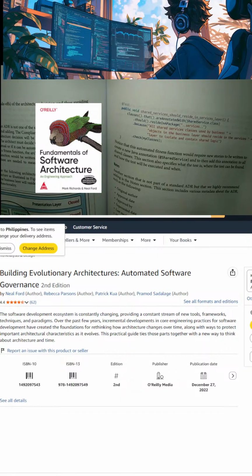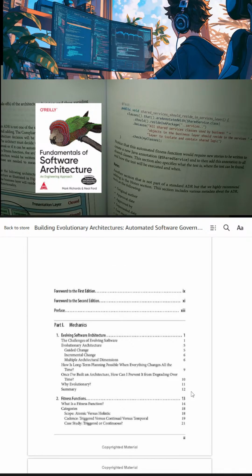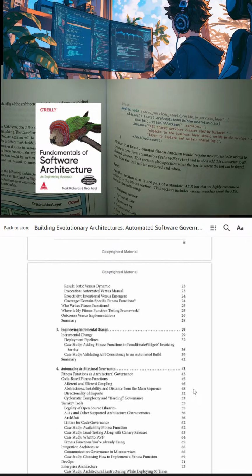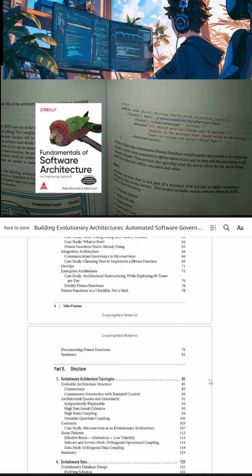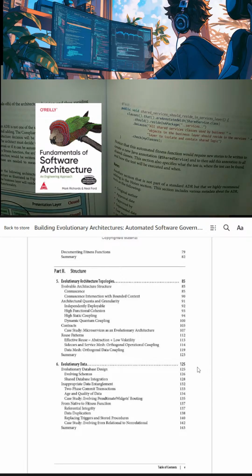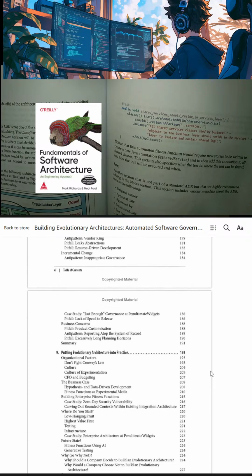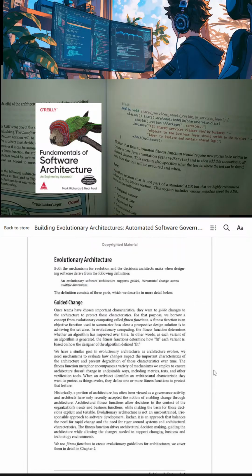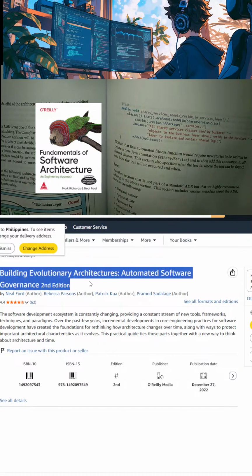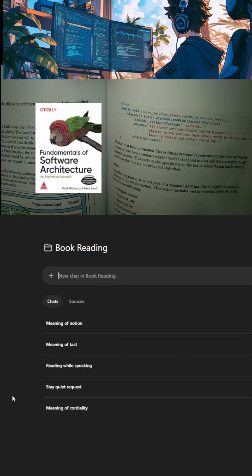Teka, ano yung... Oh, mukhang interesting to. Okay, ChatGPT. Meron ba akong parang book reading?